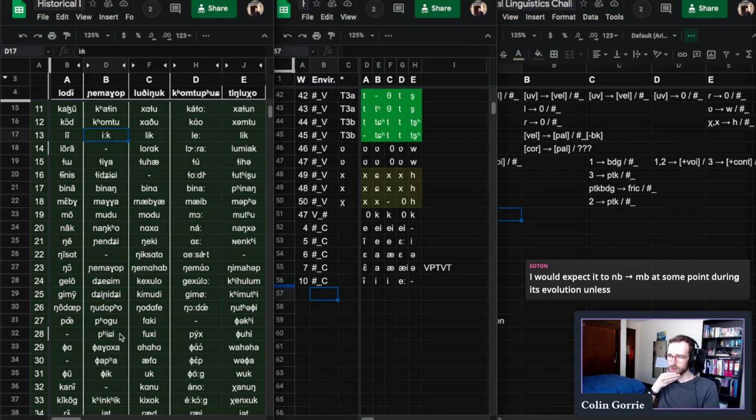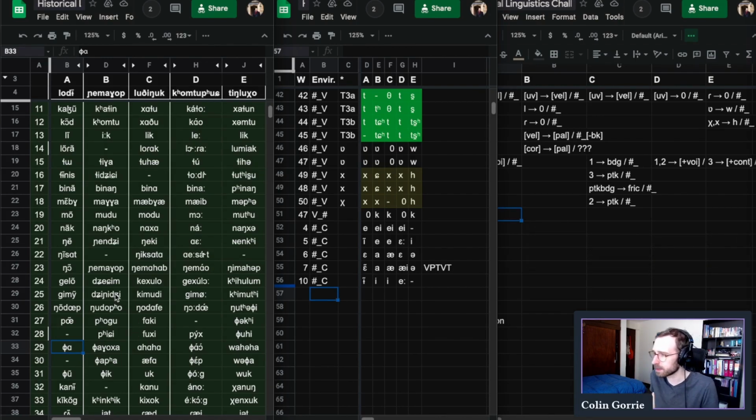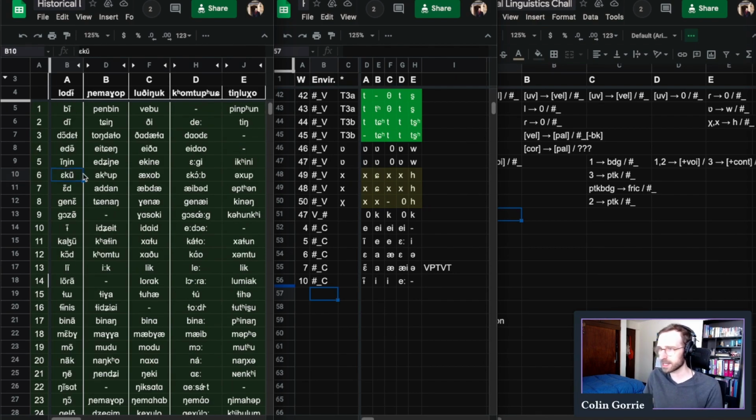There are a few word initial vowels that show up due to deletion of what are clearly consonants in the ancestral language. All right, okay, so that's a little bit more data for us. Does that help us much? That I'm not totally sure of. Let's see if we can pick up on any clues that have come from the chat so far.